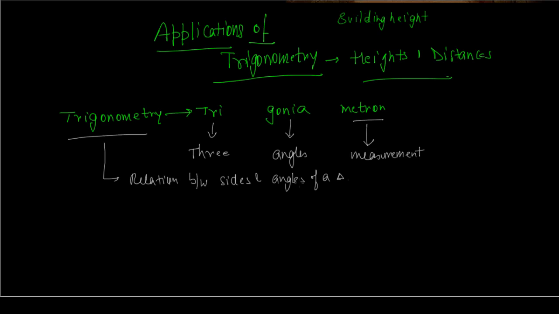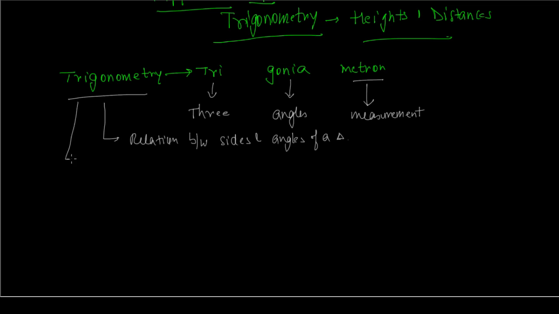Although in higher classes you learn that trigonometry can apply to any triangle, because trigonometry is basically angular application of mathematics. But that's something you should learn later on. Right now, trigonometry is only applicable to right angled triangles.